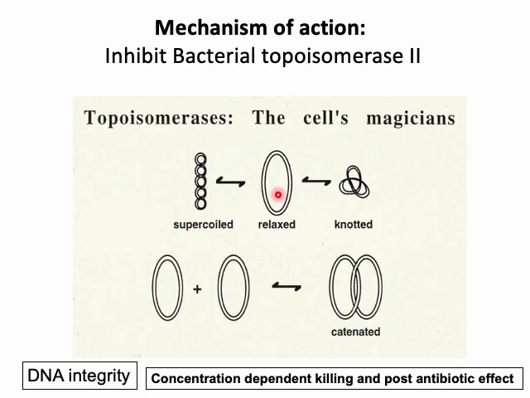So now to go back to our topic, the quinolones inhibit the topoisomerases, and hence what happens? You inhibit DNA synthesis. And I want to point out that we have here a concentration dependent killing and a post-antibiotic effect. I'm going to explain this when we talk about the beta-lactams. Keep it in mind, and you will understand this better in the next VOP.